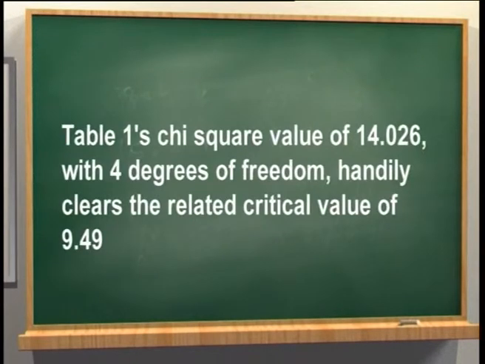Table 1's chi-square value of 14.026 with 4 degrees of freedom handily clears the related critical value of 9.49. So, we can reject the null hypothesis and affirm the claim that male and female undergraduates at college X differ in their footwear preferences.